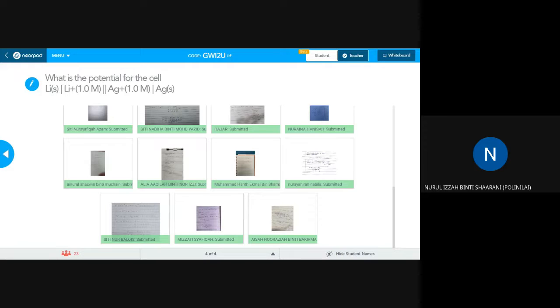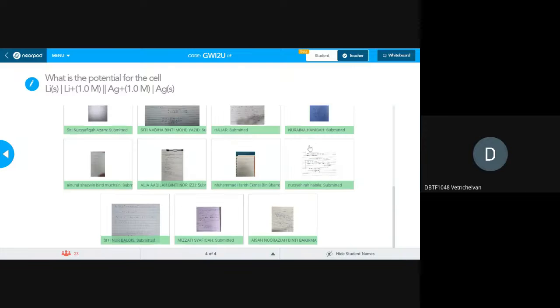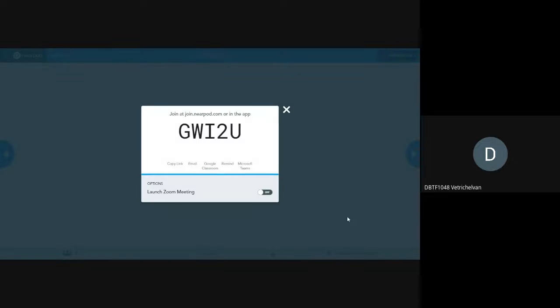Ada 23 orang submit ni. Battery Shelburne tak ada. Madam, my one I opened 2 tabs, so I already submitted below Tan Yulun. My one already submitted. I accidentally opened 2 tabs.